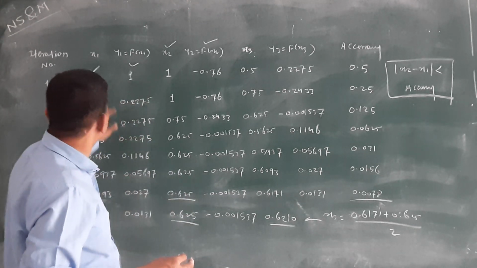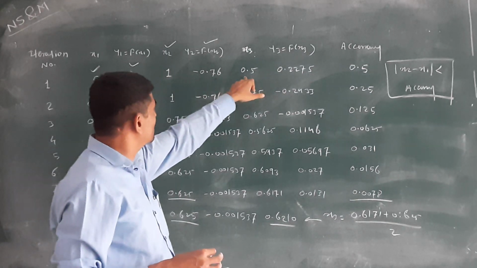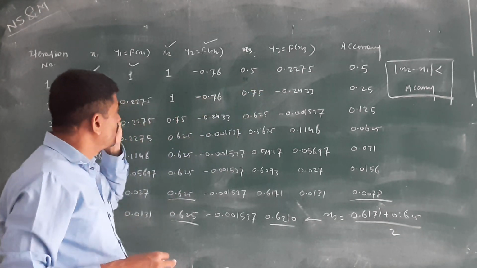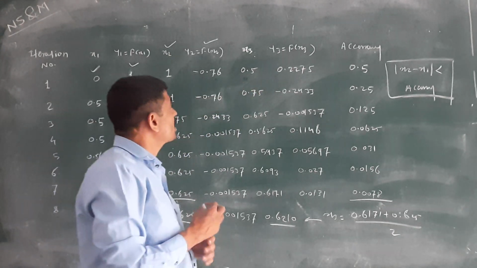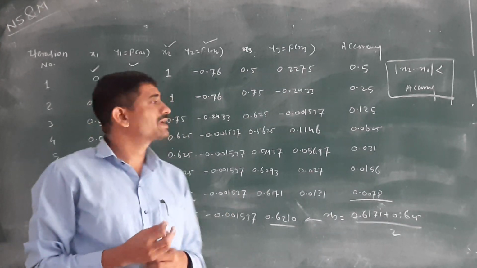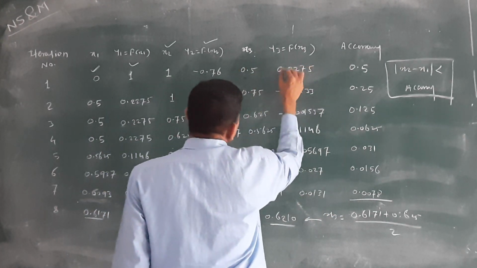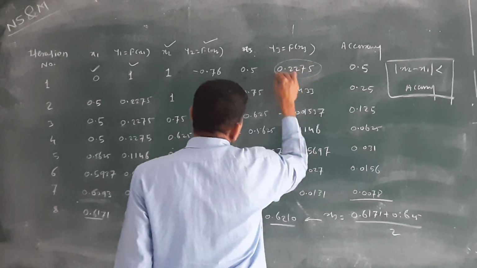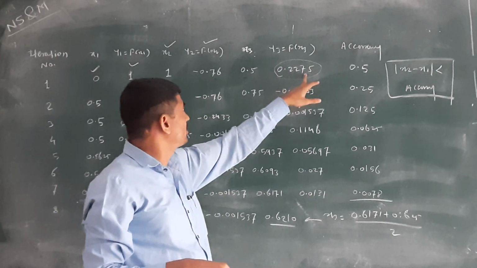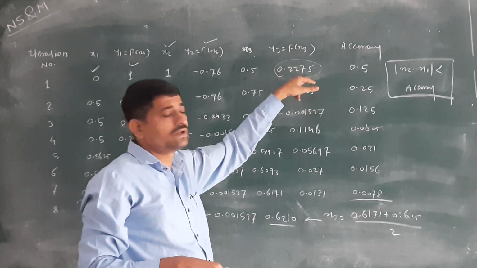So x1 plus x2, 0 plus 1, divided by 2, you will get 0.5. Similarly, we know f of x3 is equal to cos x3 minus 1.3 x3. When you put the x3 value in that equation, you will get a positive value, 0.2275. You will get y3, or we can say the f of x3 value.